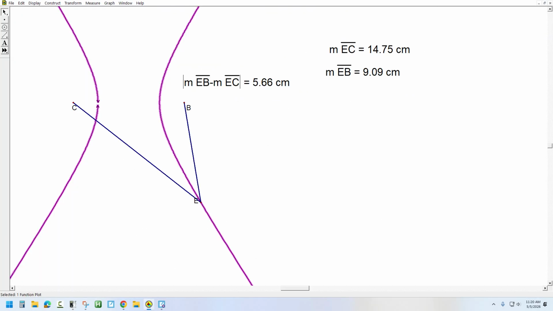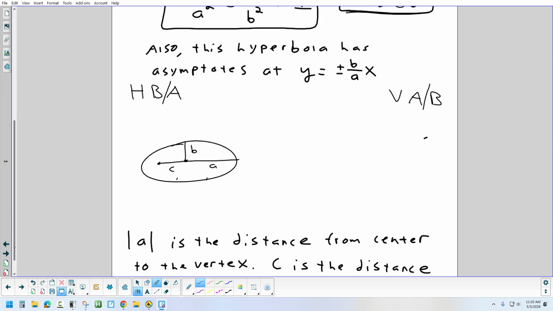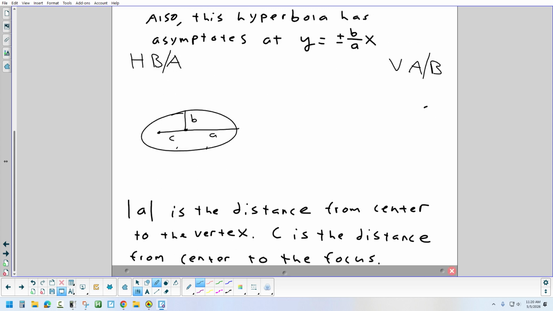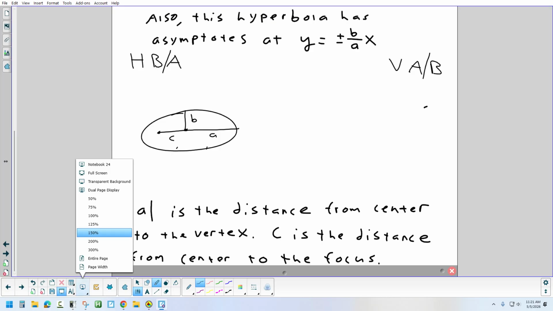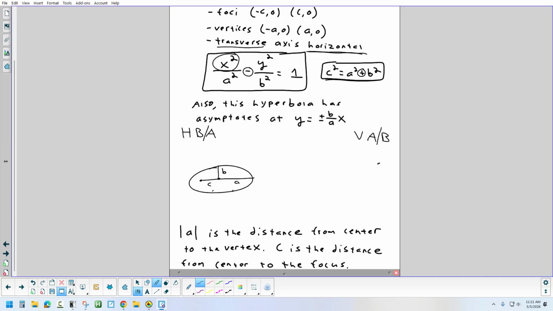So here, A would be center to vertex, and C would be center out to the focus. That's pretty much it. That's everything you need to know about hyperbolas. So now we'll just try examples. Any questions on any of that information?